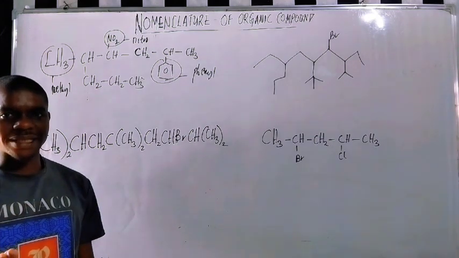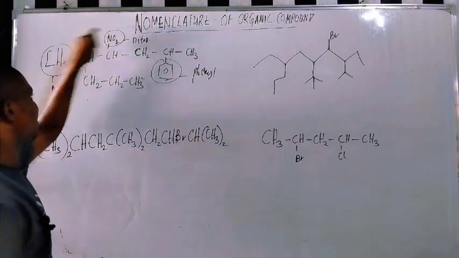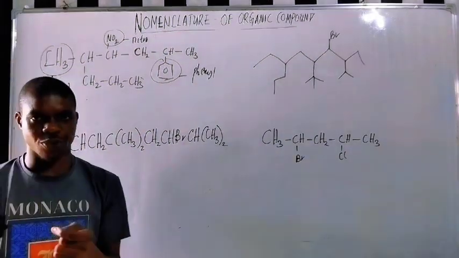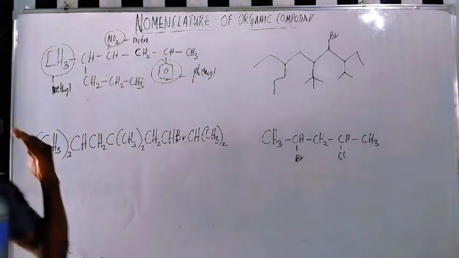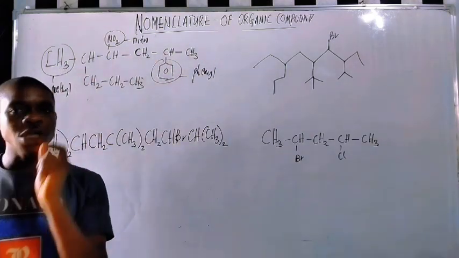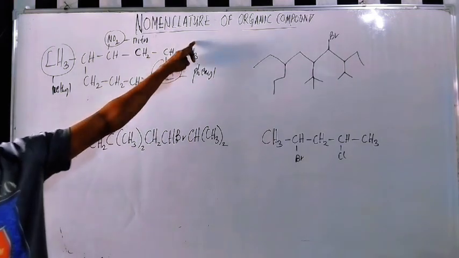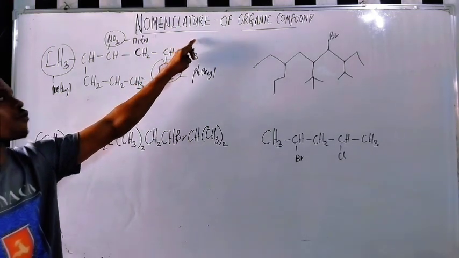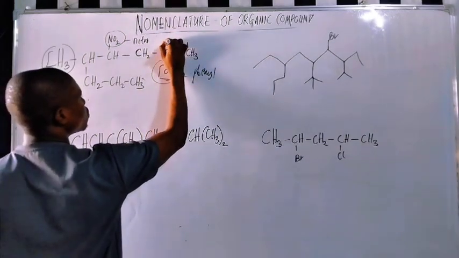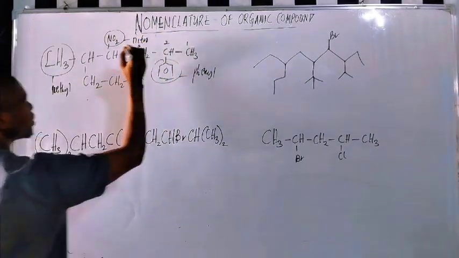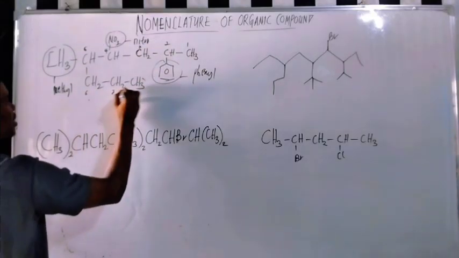So now the next thing I want to do is number it in such a way that when you sum the positions of the substituents, you have the lowest possible number. If you start your numbering from here or from here, which gives the lowest possible number when you sum the positions? Of course, it's going to be from here. If you start from here, we have 1, 2, 3, 4, 5, 6, 7, 8.